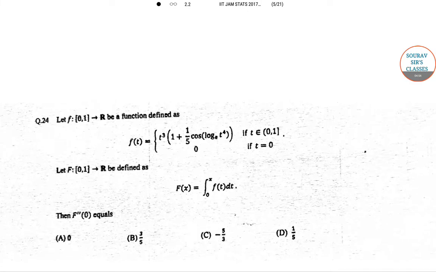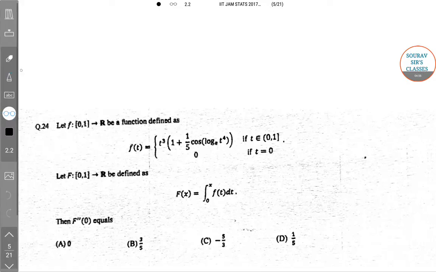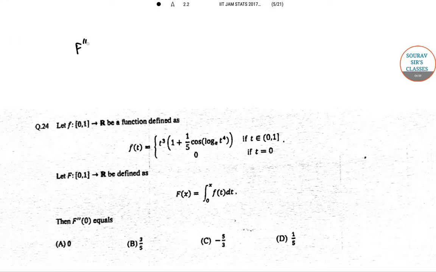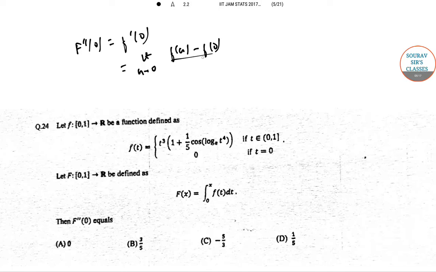Now F double dash 0 is equal to small f dash 0. Now this can be found out as limit h tending to 0 of (f(h) minus f(0)) by (h minus 0).